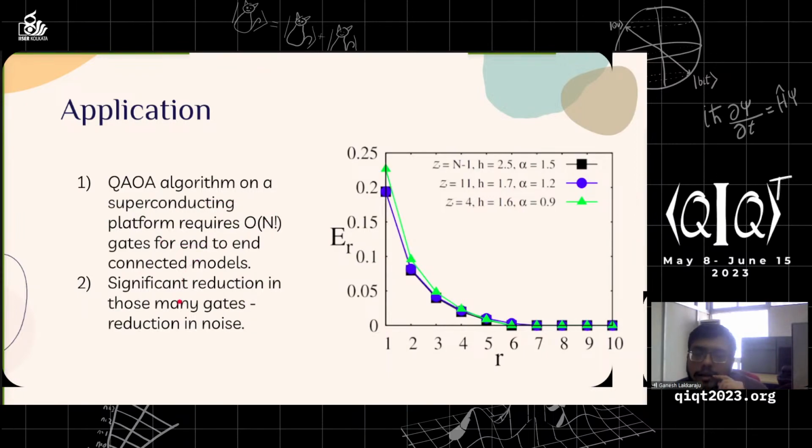On the other hand, if you can somehow reduce the number of connections between the corresponding spins, then there will be a reduction in noise, but you will not lose out on any entanglement properties, as we have shown below, if one is restricted to studying the behavior of the model between alpha 1 and 2. So this is basically the main result of the first paper.